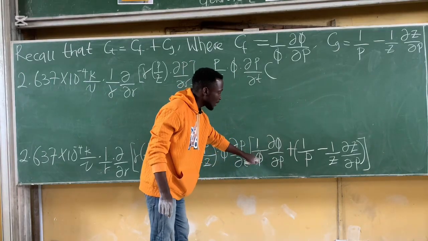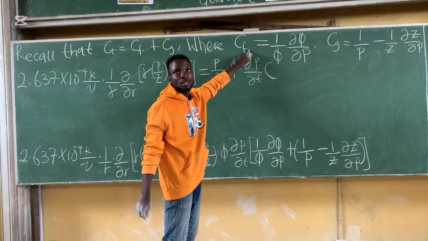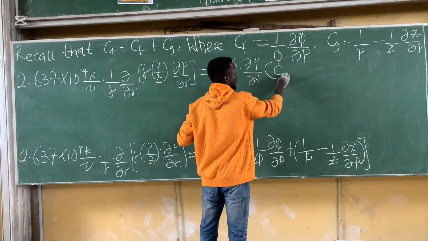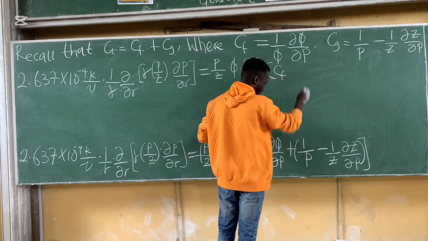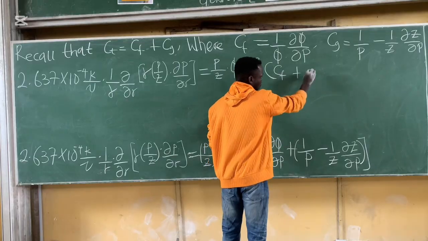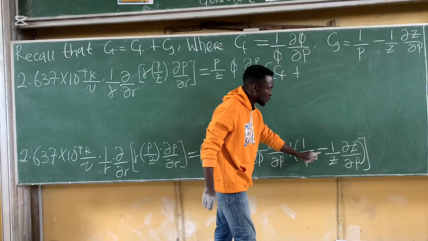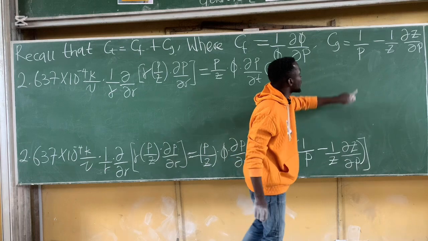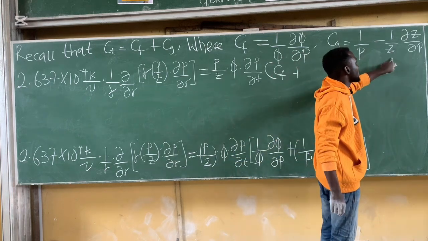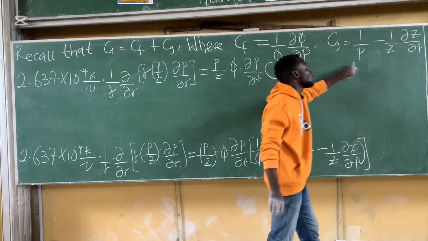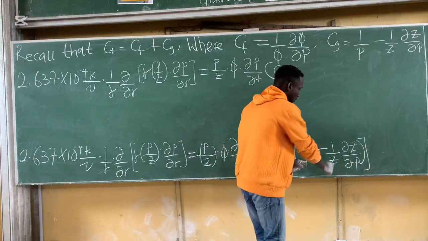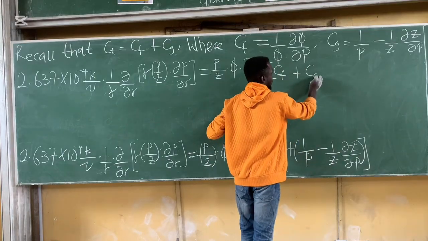We said that 1 over phi d phi dp is equal to Cf. So here becomes Cf, then plus, here we have 1 over p minus 1 over z dz dp. We said that is equal to Cg.